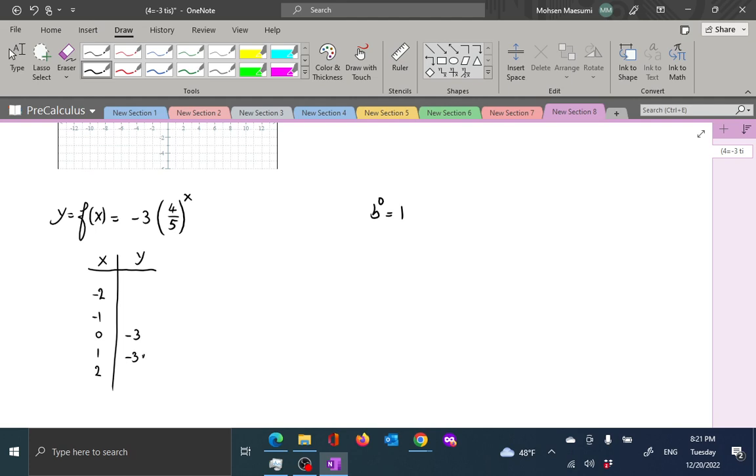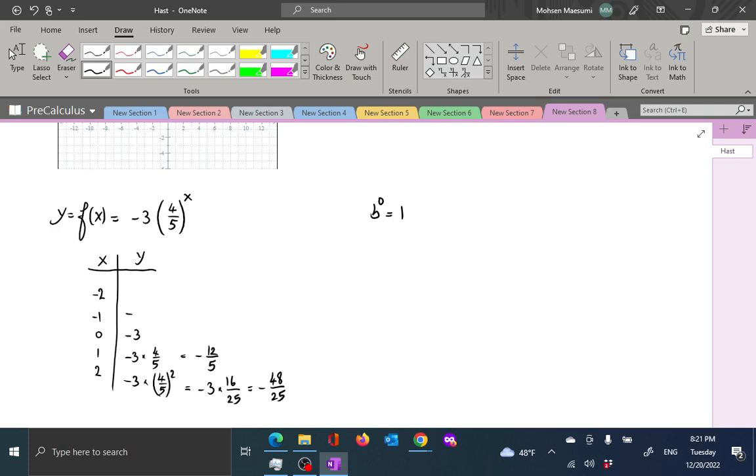So I'll have minus 3. Next I have minus 3 times 4/5, which simplifies to minus 12/5, approximately minus 2.4. And this is minus 3 times 4/5 squared, which is minus 3 times 16/25, and that is minus 48/25.